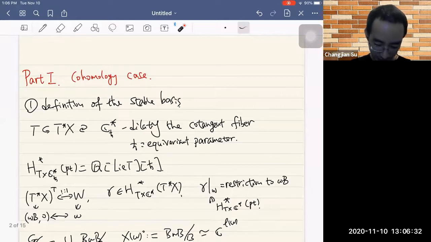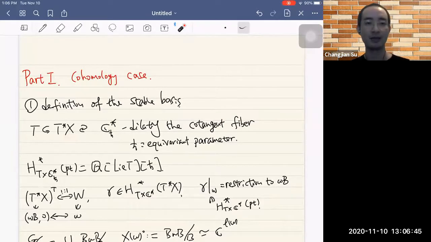So let's look at our varieties. We have two groups acting on this. One is the maximal torus T. T acts on the flag variety by left multiplication, and then it will induce an action on the cotangent bundle. Another action is the C star. Because this is a cotangent bundle, it has a natural torus action just by dilating the cotangent fibers.